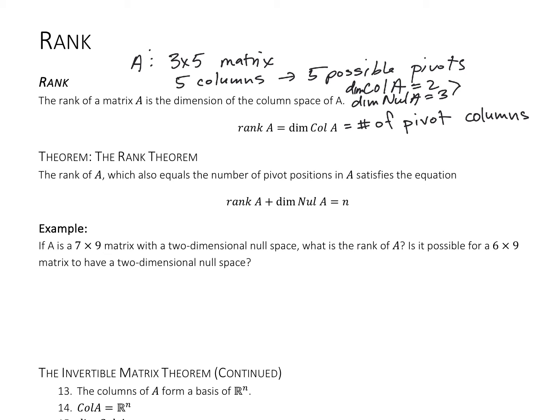And oh, look, 2 plus 3 was 5, right? And it kind of makes sense that the dimension of null A is also the number of free variables. So this is the number of free variables, and this is the number of pivot points.